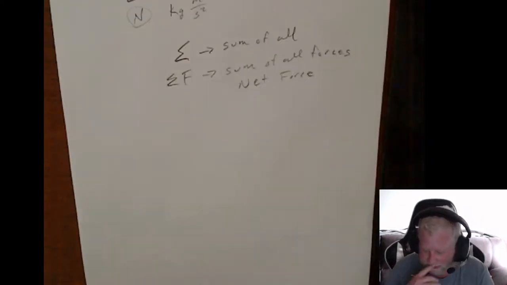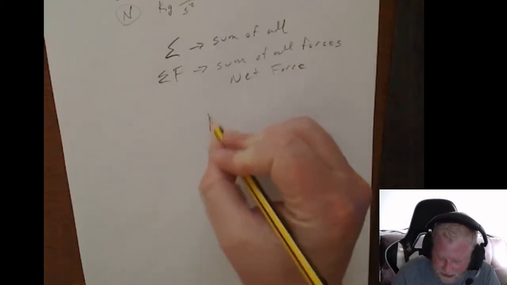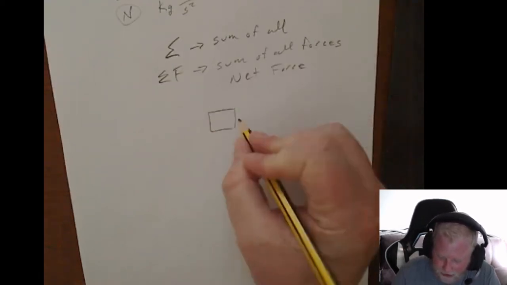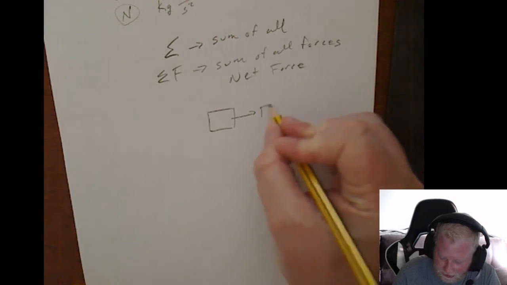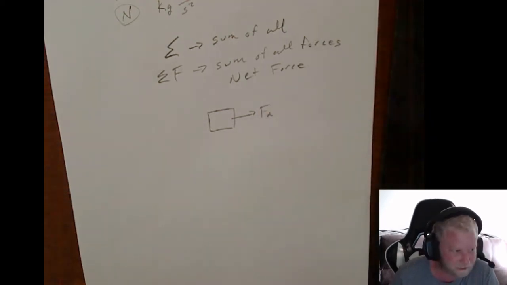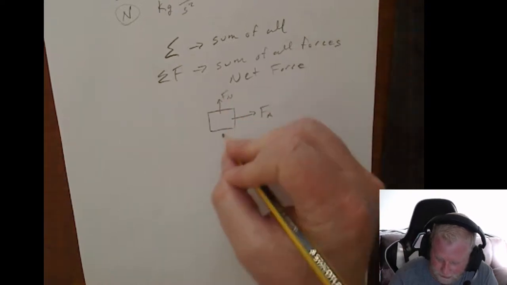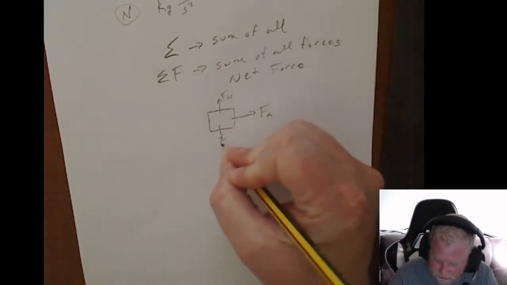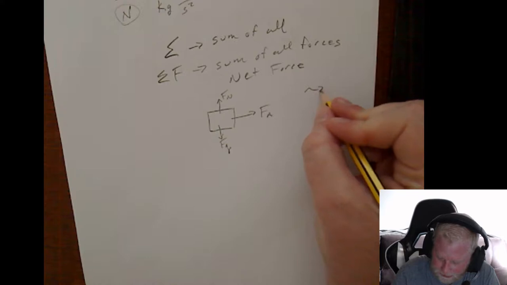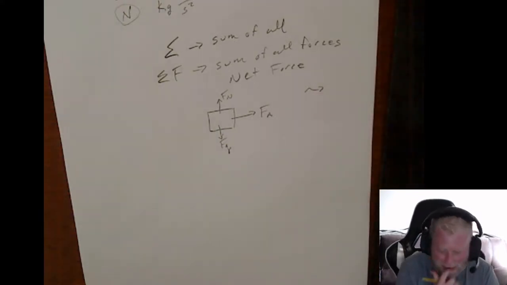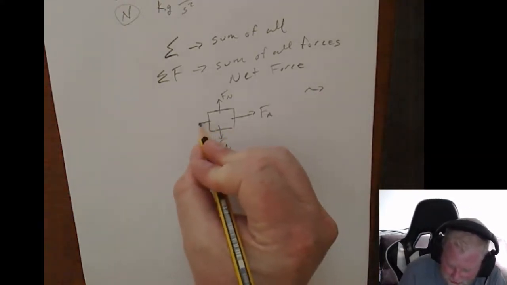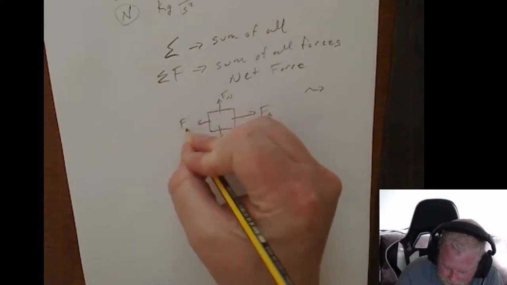Take for instance a scenario where you've got an object that's being dragged along by some applied force. It's got the normal force, it's got the gravitational force, it's moving to the right, and let's say that there is some amount of frictional force.